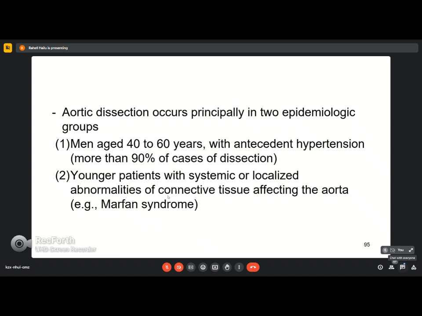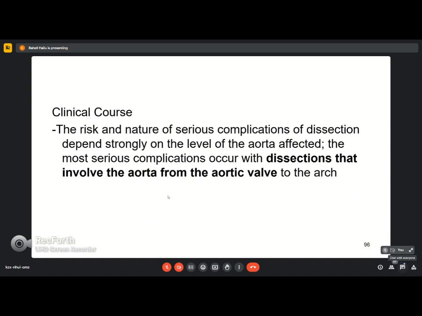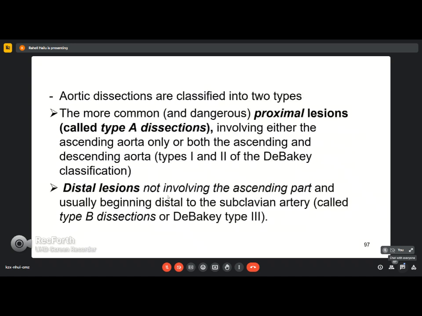So younger patients are more likely to be associated with genetic conditions, and older patients most likely with chronic comorbid conditions like hypertension. Clinical course, the risk and the seriousness of the complication will depend upon the part of the aorta that is affected. So dissection involving the aorta from the aortic valve tends to be much more serious.